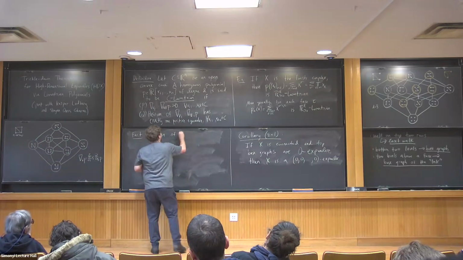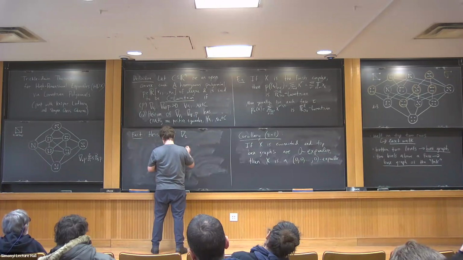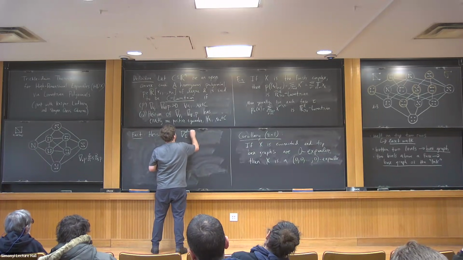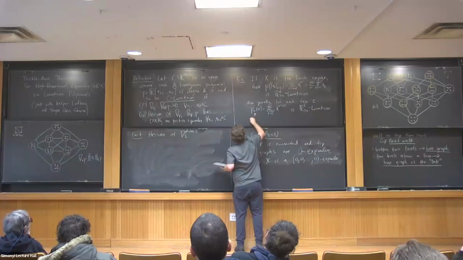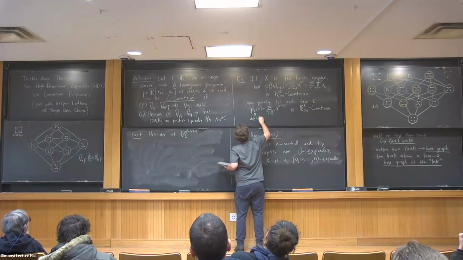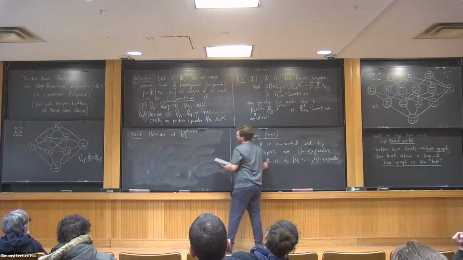So the Hessian of this particular choice of derivatives. Let me just make a comment here. This polynomial will have degree equal to d minus the size of tau.